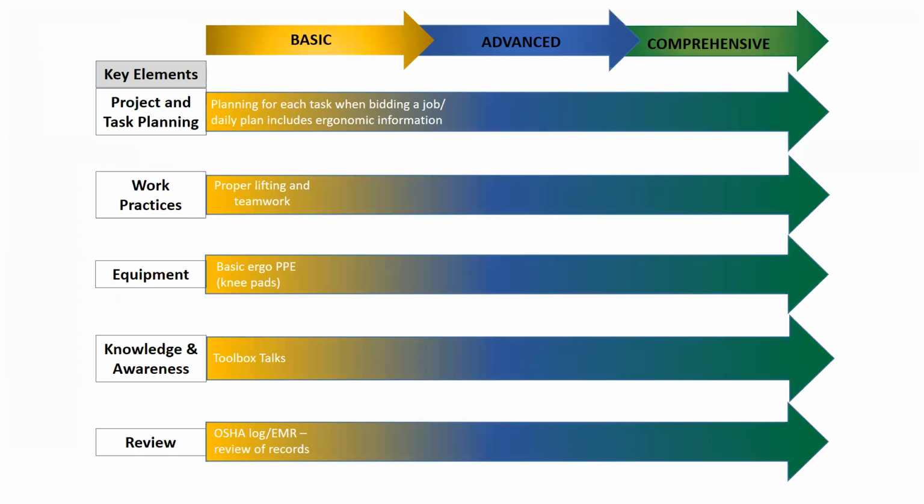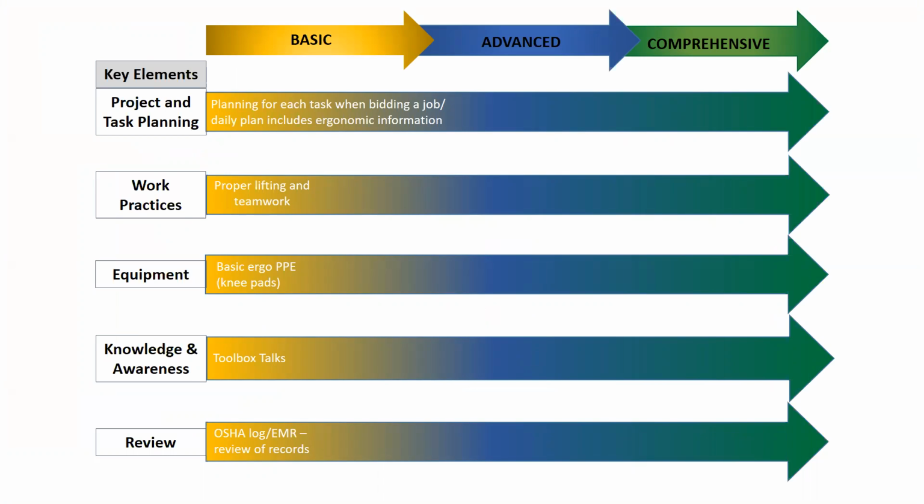This graphic shows examples of activities across all elements of a basic ergonomics program. Project planning tools may include worksheets to help identify ergonomic hazards and solutions to address in the project bid, or for pre-job and daily planning of best ergonomic methods and work tasks. Workers are trained on simple ergonomic techniques such as proper lifting and teamwork.